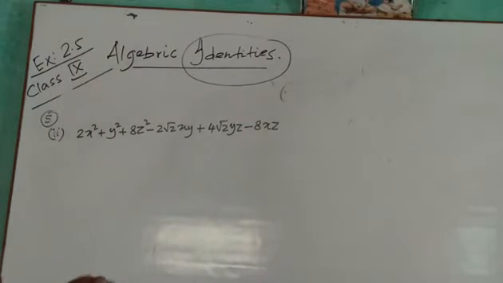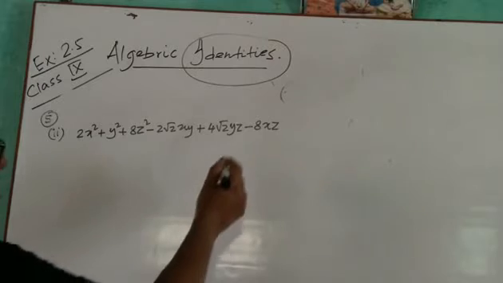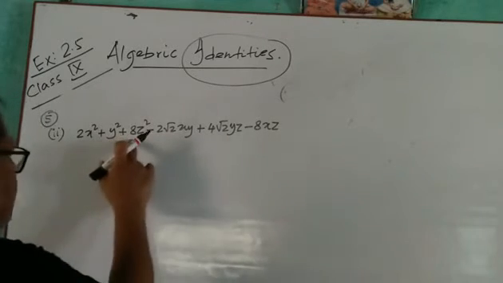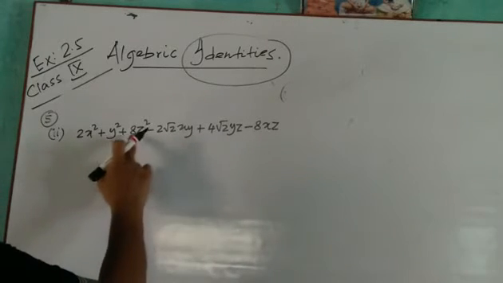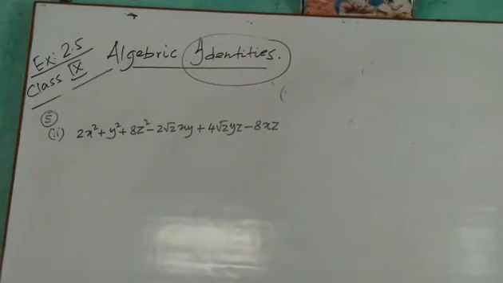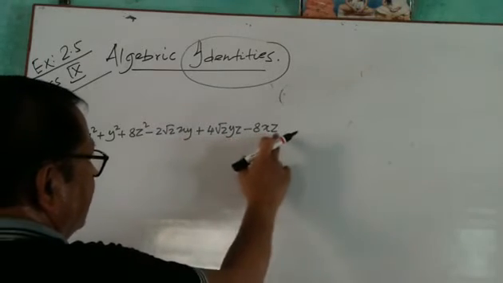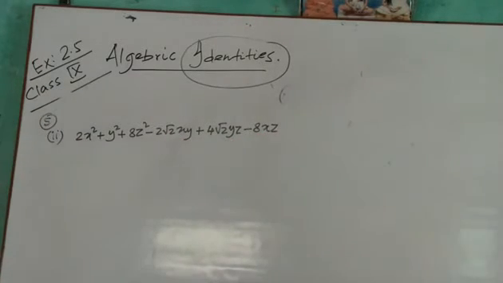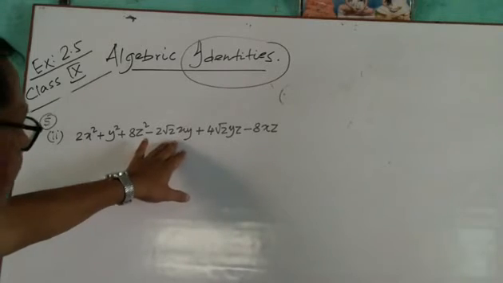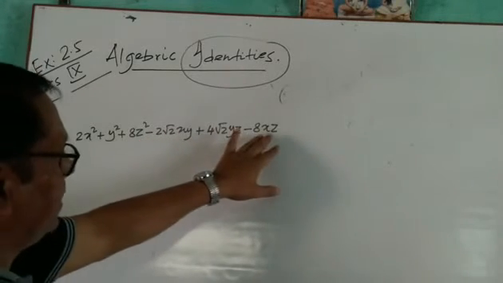Now one thing, students, before going into details: see, these are the pure products. 2x square, y square, 8z square are the pure products. Pure products are always positive. Now these are known as the cross products: xy, yz, xz. Now see, the cross products are negative in case of xy and in case of xz.